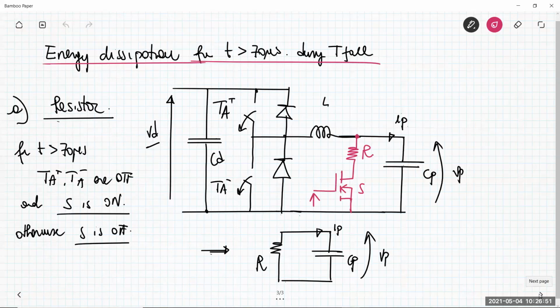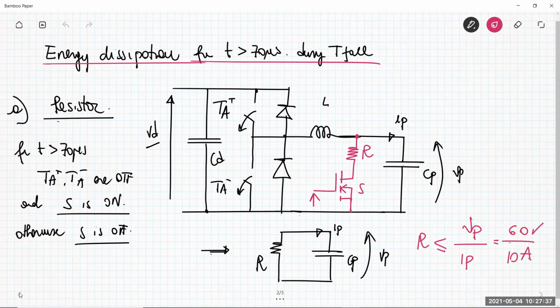So basically, when the switch is active, after 70 microseconds, when the boost is no more working, the circuit that remains is just this circuit here. It makes it possible for the energy inside the capacitor to be dissipated by the resistor R. Of course, the resistor R should be less than the voltage Vp over the current Ip. The voltage Vp at which we can make this circuit work is 60 volt, and Ip is 10 amp.